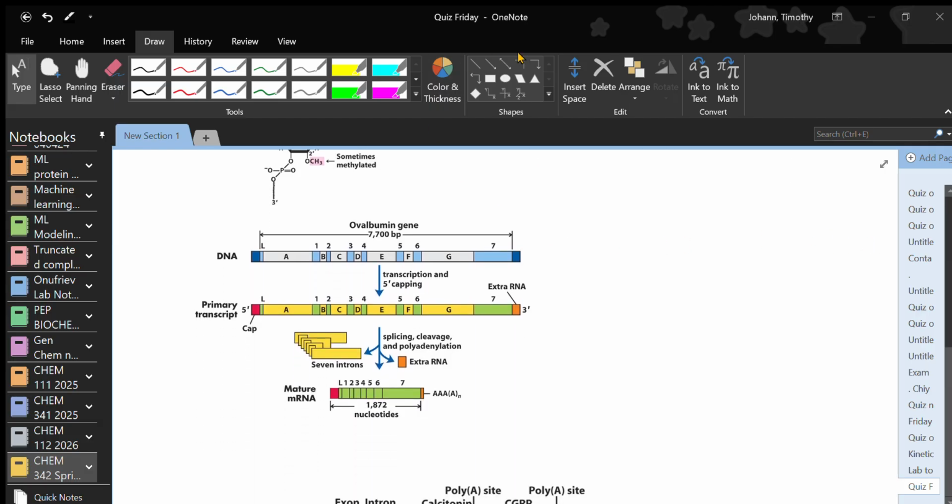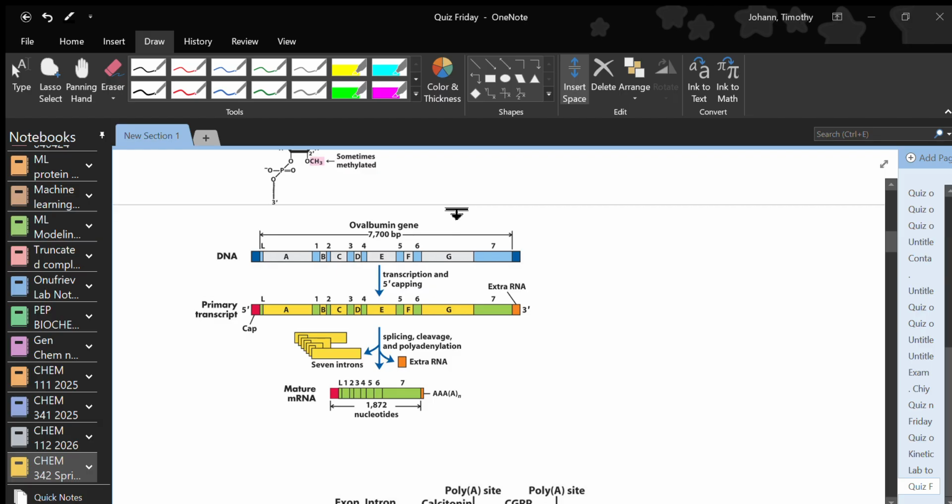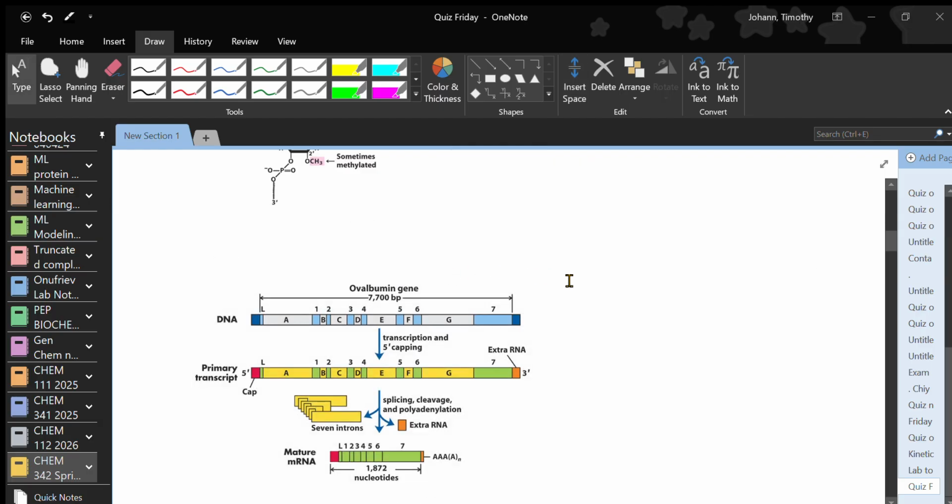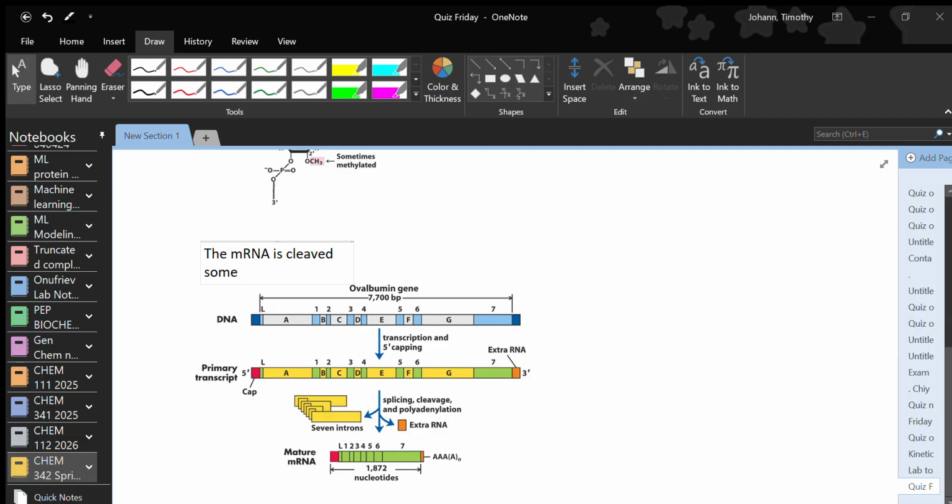The next thing that happens, there are multiple things going on in this figure, but at the 3' end you're going to add a poly A tail. Actually, before that, the mRNA is cleaved somewhere, and a poly A tail is added.